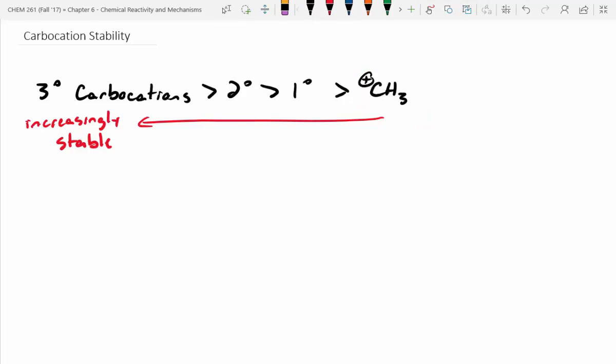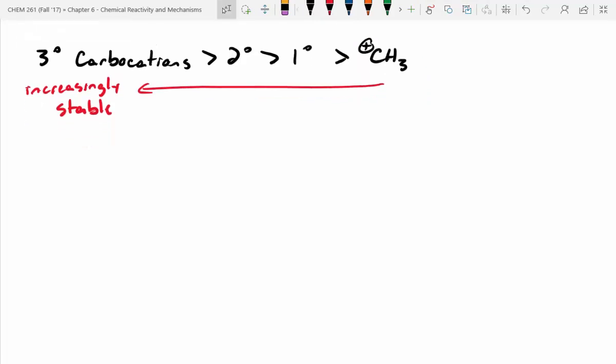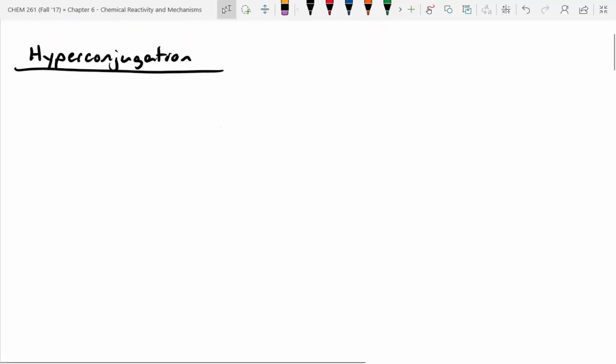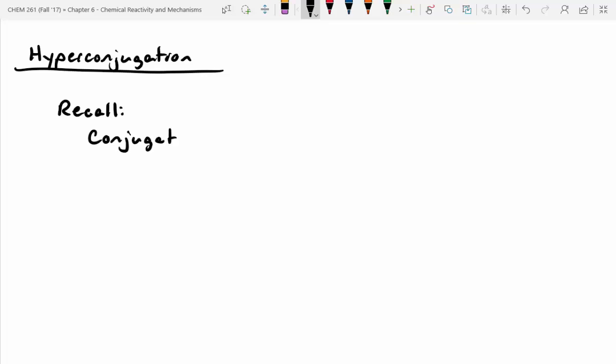So now the question is why? Why are tertiary carbocations more stable than secondary and so on? And we need to go back and talk about resonance because it's never going away. So let's recall conjugation/resonance.